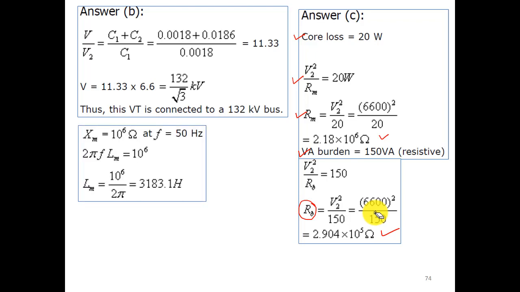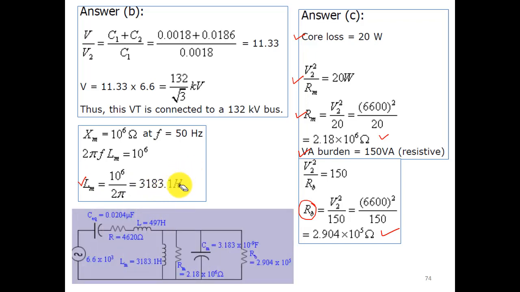Similarly we can find Lm. Lm can be found from Xm, that is 3183.1 Henry. And now we can draw the equivalent circuit with the different parameters substituted. The primary side voltage is 6.6 into 10 to the power 3, that is 6.6 kV.